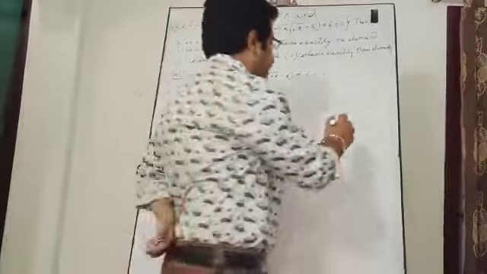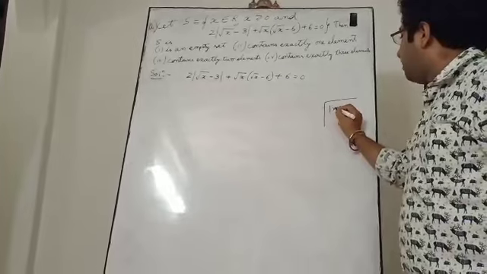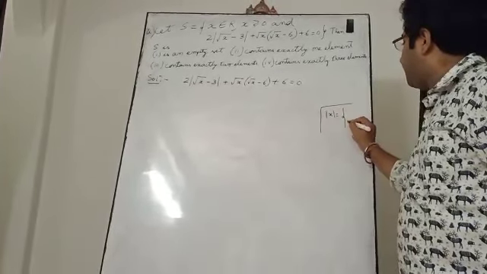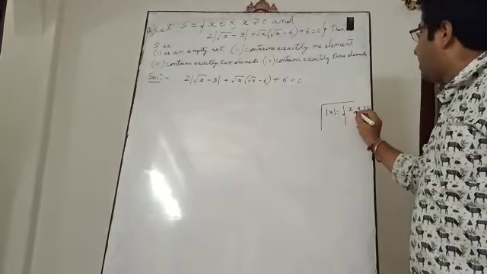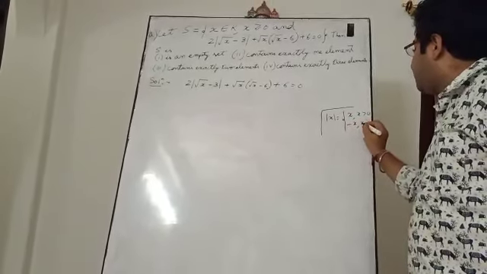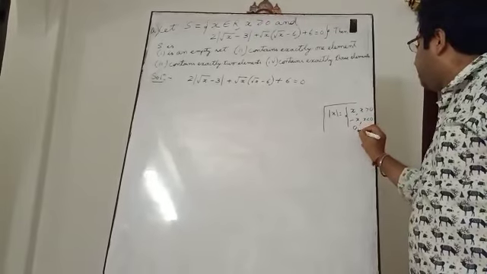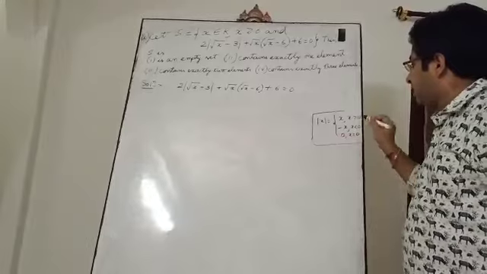Now I think you have got in your first year that modulus of x is plus x when x is greater than 0, modulus x is minus x when x is less than 0, and 0 when x is equal to 0. This definition you have got.